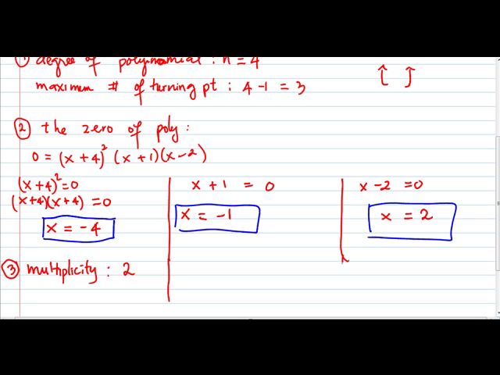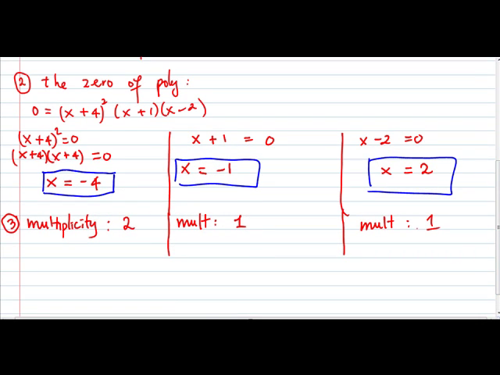The multiplicity of this zero here is 1, because our solution only repeats one time here. I have only one solution for x equal to 2, only one solution for x equal to minus 1, and 2 solutions for x equal to minus 4. The multiplicity means how many times this zero repeats itself. So you have twice, once, and once. So here we write down 2, 1, 1.